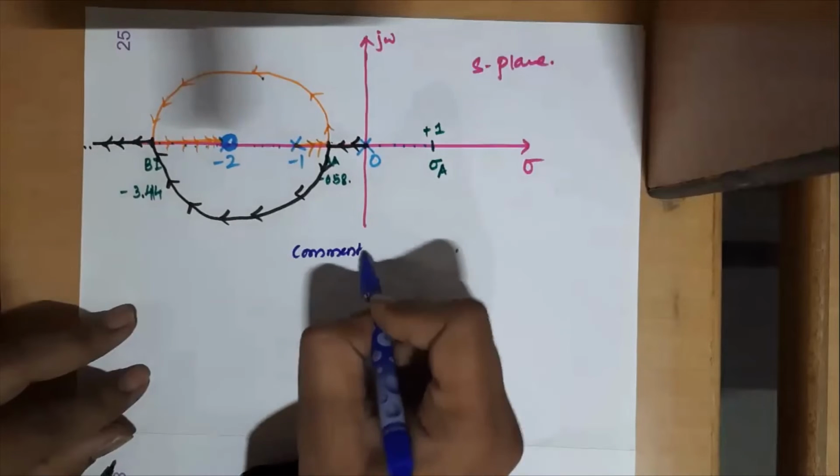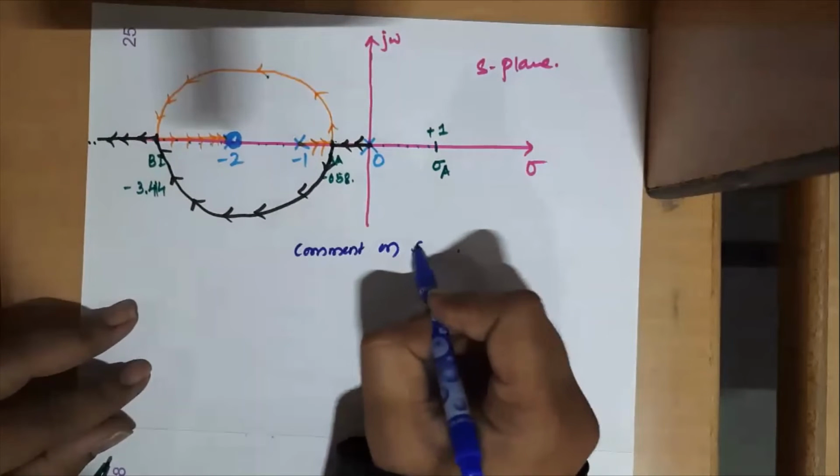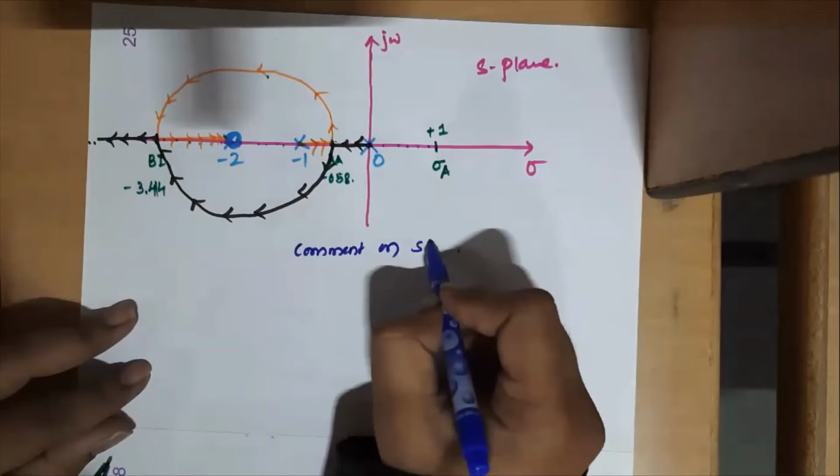So what is the comment on stability? Any comments on the stability for this numerical? Critically stable. Okay, anybody else? Asymptotically stable. Any condition here? No, sir. Absolutely stable. Okay, fine.